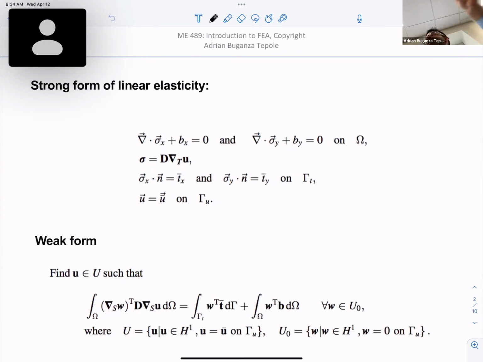Then the second third of the course was in 2 dimensions, but only the heat transfer. The reason why we did the heat transfer only in the second part is because we were already introducing a lot of things related to the discretization in 2D, which is a little bit more complicated than in 1D.